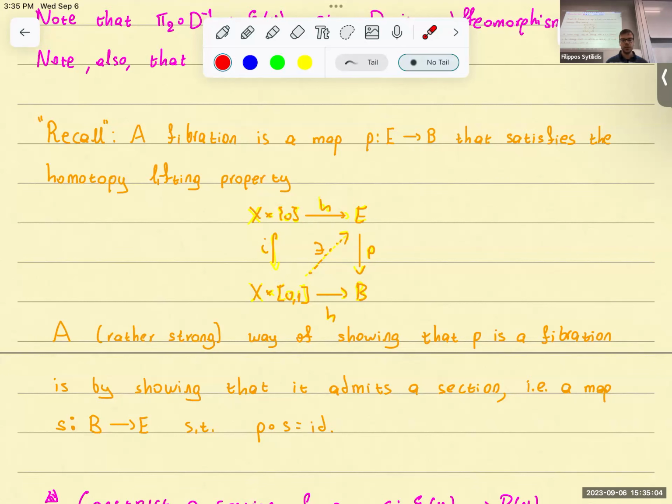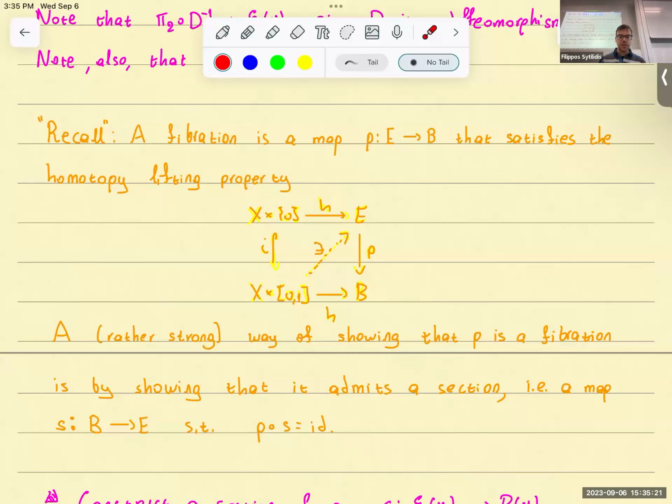You can ask for P to satisfy this property not for any topological space, but just for CW complexes. There you get the notion of a Serre fibration, which is also quite good for our purposes, but we can be quite general.